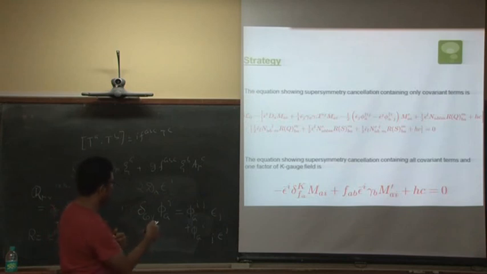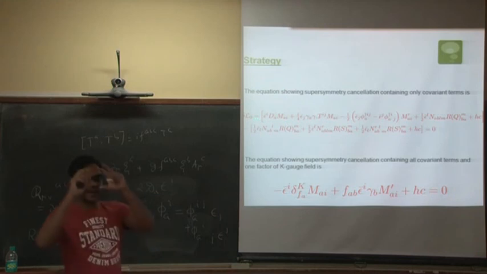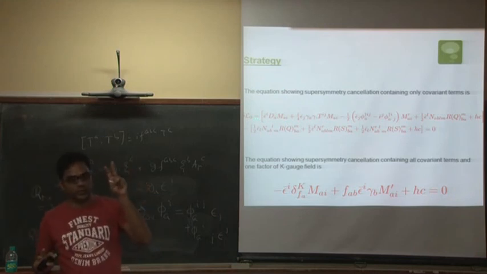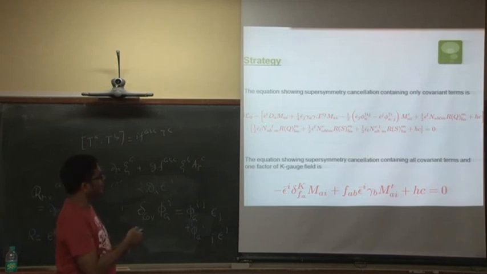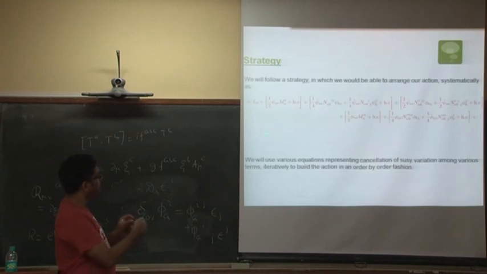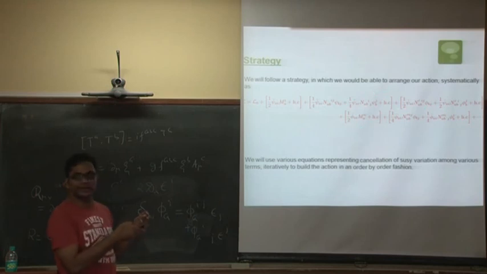For example, if I want to use the first equation, I had a starting action which was quadratic in the number of fields, so that will give a variation which will be quadratic. As I said, all the terms here are at least quadratic. So this M_AI, this N prime, this M prime are all at least quadratic.